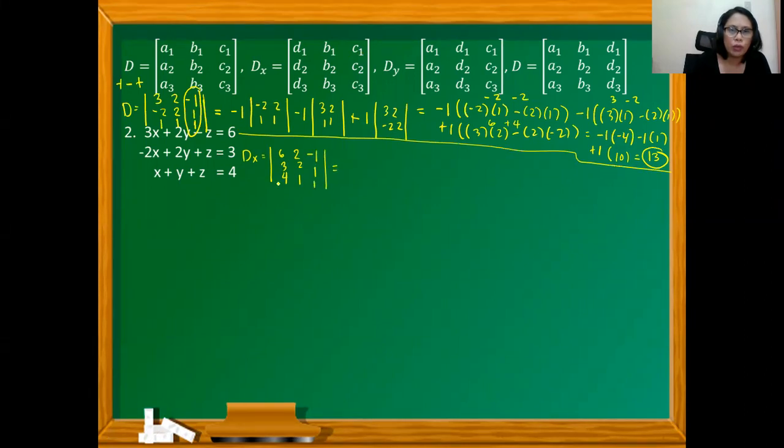So if we're going to consider again the third column, we're going to consider the sign plus, minus, plus. So this is positive of negative 1. So this will remain negative 1 multiplied by its minor. So we're going to eliminate the first row and the third column. So there remains 3, 2, 4, 1.